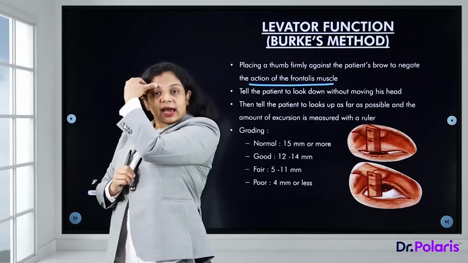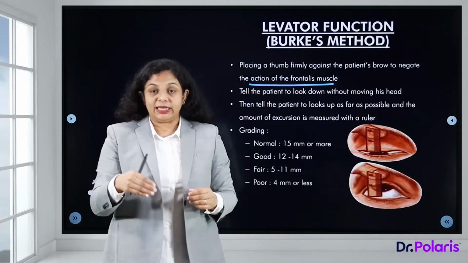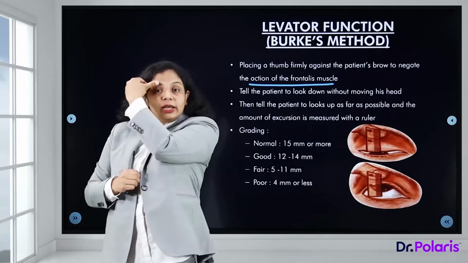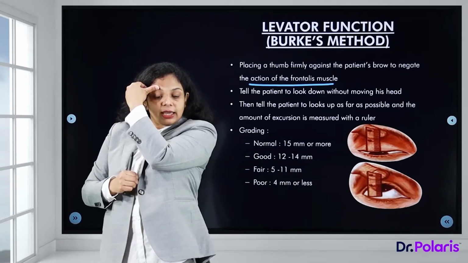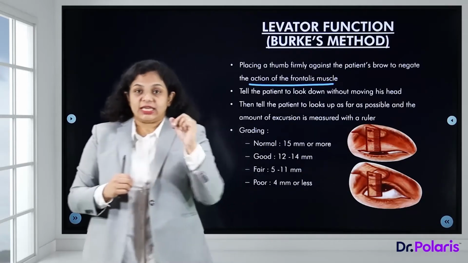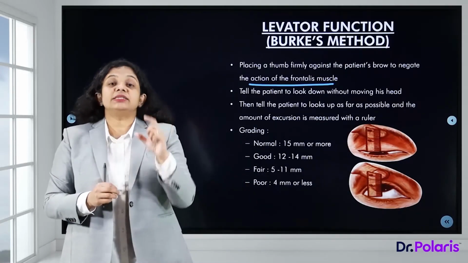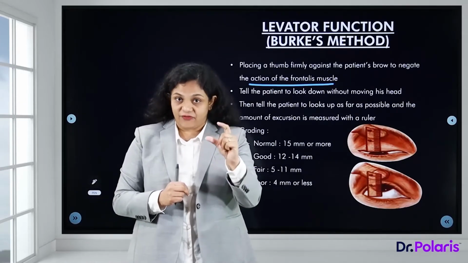Then you ask the patient to look down completely without moving the head, only the eye moving down, and then ask the patient to look up fully as much as possible. The measurement of excursion is noted down. This is the amount of levator action that the person has.